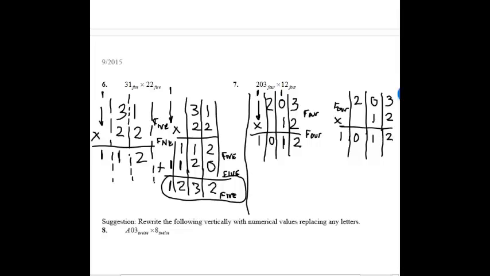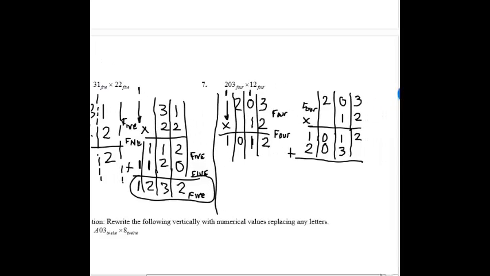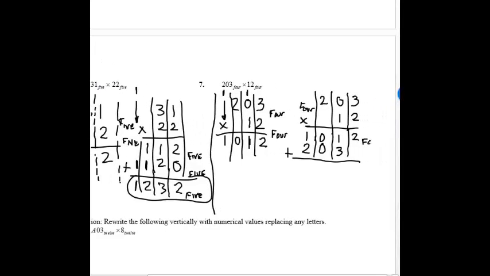Well, now we want to do 1 times 3 is 3. 1 times 0 is 0. 1 times 2 is 2. And remember, we're adding in base 4, so we have 2 plus 0 is 2. 1 plus 3 is 4.